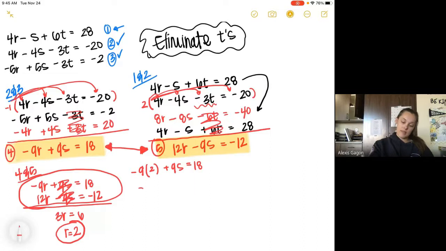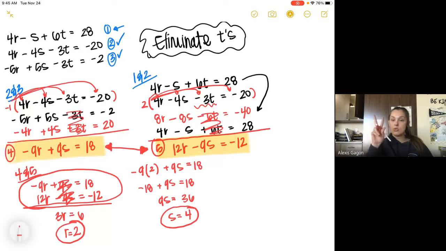So that's negative 18 plus 9s equals 18. Add that 18 over, you get 9s equals 36. So s equals 4. Any questions to there?